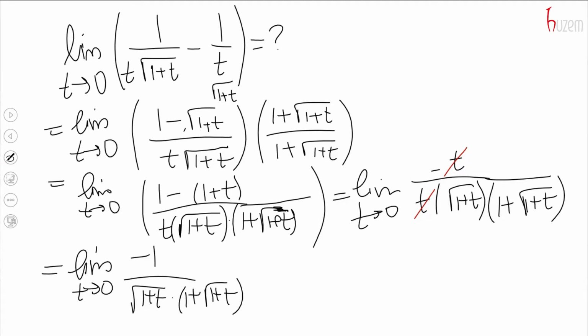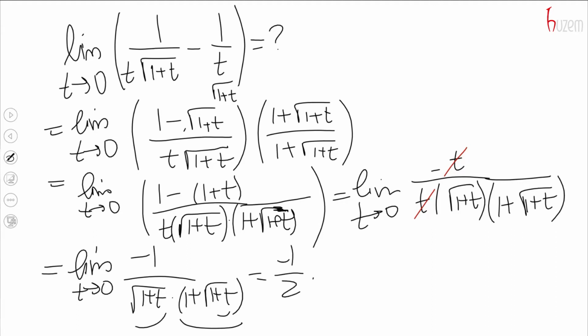Now if we substitute 0, can we really get anything out of this expression? Let's see. On the top we have negative 1. This is nice. On the bottom, this will be 1, and this will be again 1. 1 plus 1, this will be 2. 2 times 1, it's basically 2.